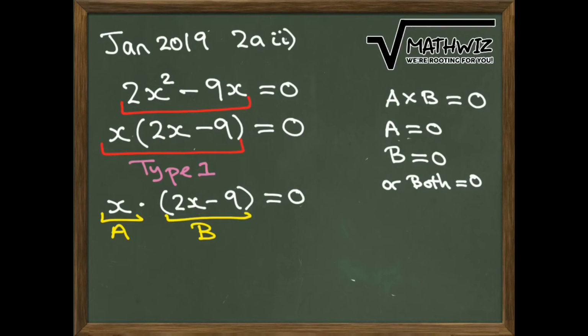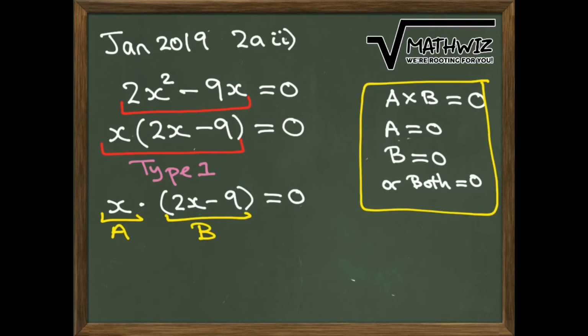According to what I have here in the yellow box, it means that either A is equal to 0 or B is equal to 0. And this is what we're going to use to help us to solve. So we already have one of the answers, which is x is equal to 0. But we're going to go ahead and find the other one.